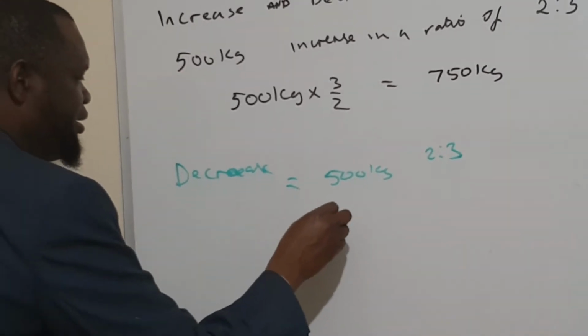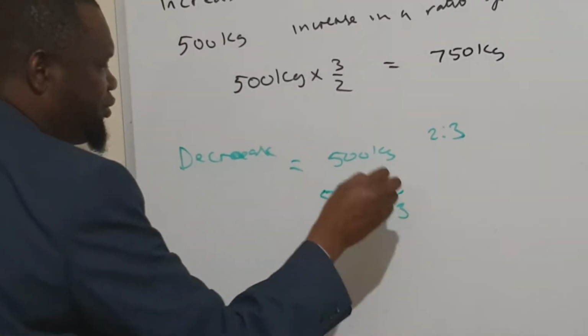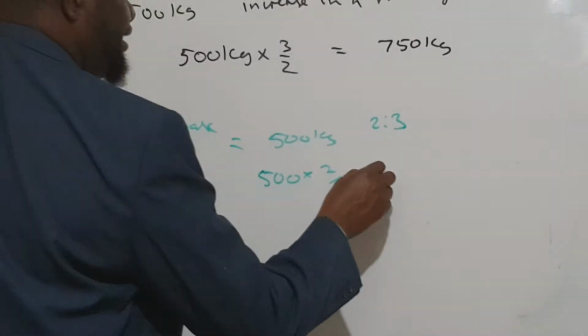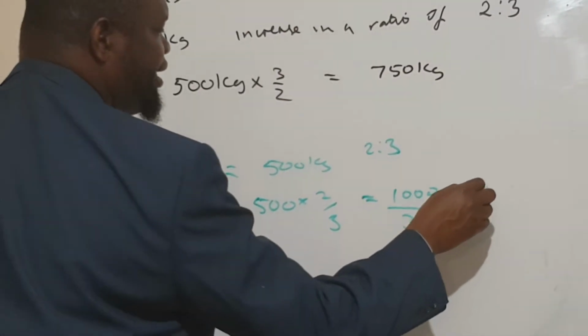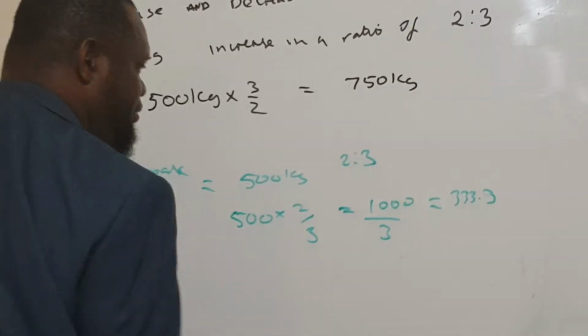So it's 500 times 2/3, which is basically 1000 over 3, which is 333.3 kilogram.